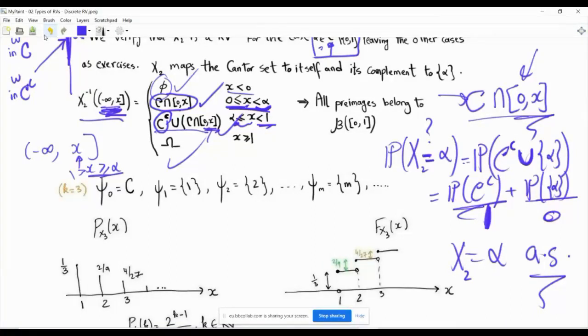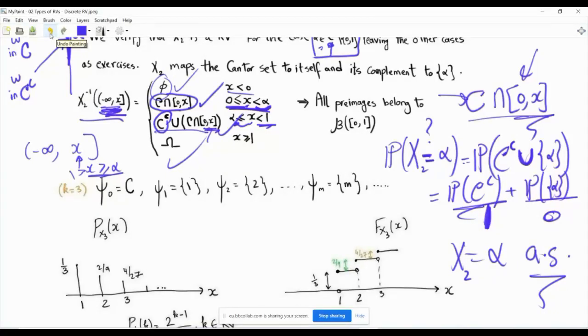So this example is specifically to make the point that the rigorous, correct way of defining a discrete random variable is to say that it takes on values that are finite or countably infinite almost surely.